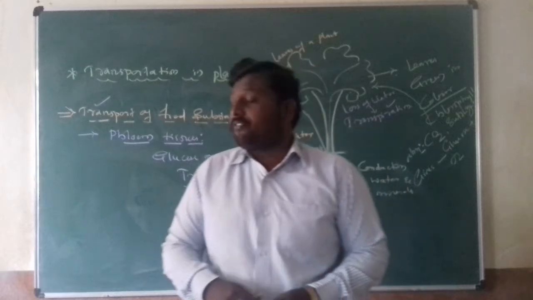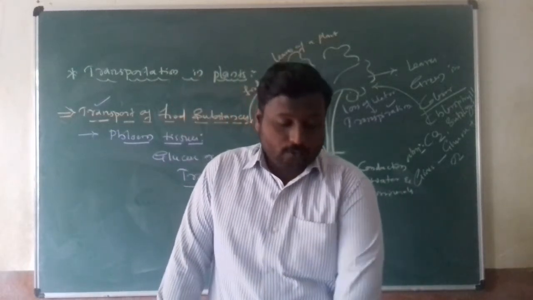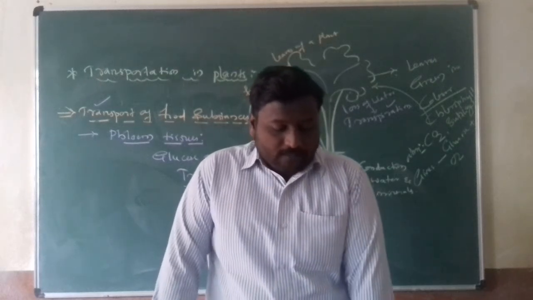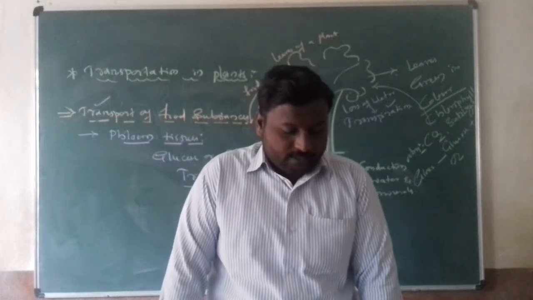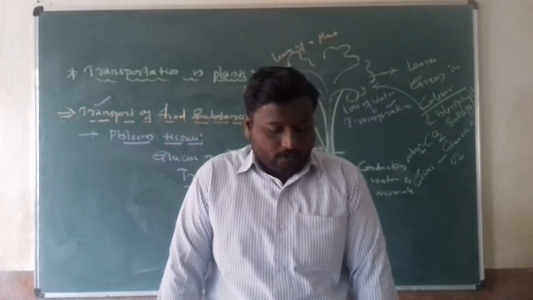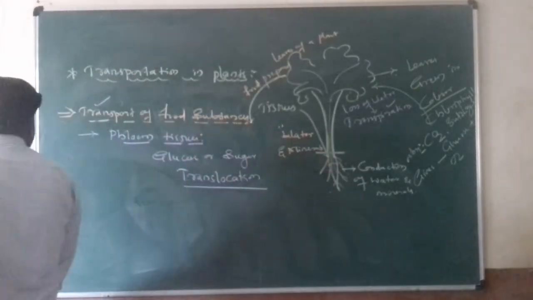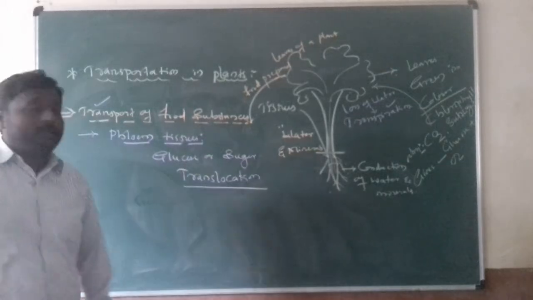Yes, my dear students, whatever water is moved, yes, from one place to another place of a plant body. Translocation of a substance takes place in the sieve tubes with the help of adjacent companion cells, both in upward and downward direction. Yes, the main parts of phloem tissues are sieve tubes as well as companion cells.